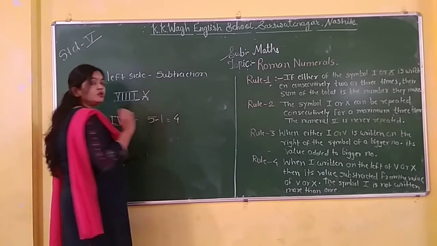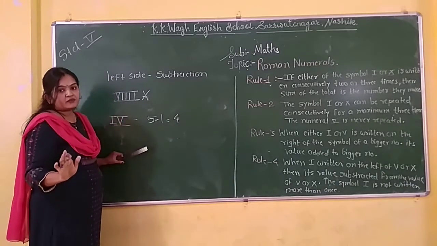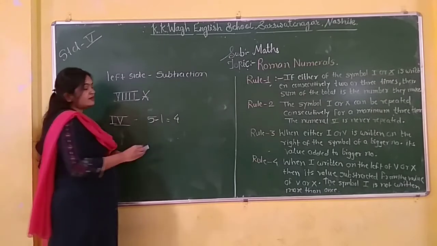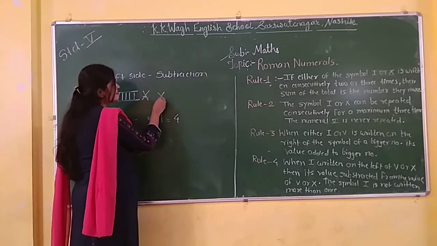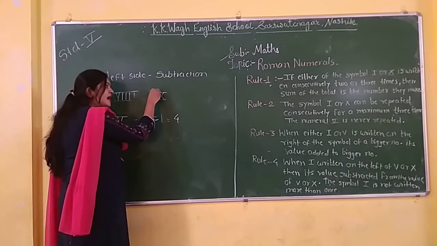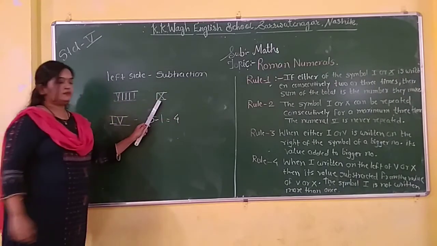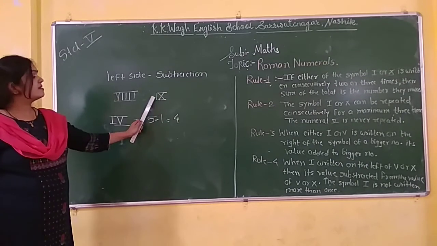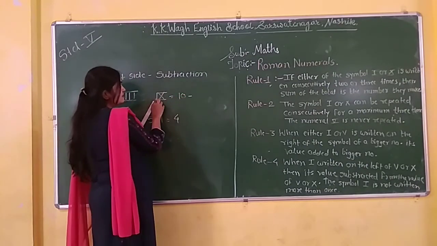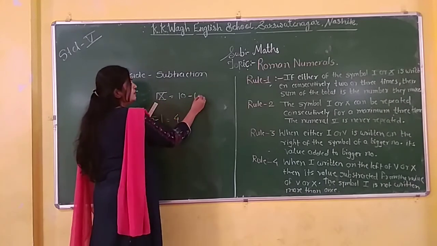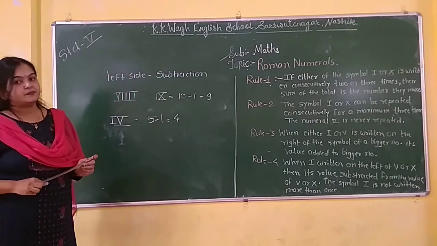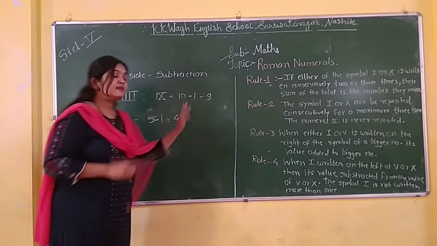You know X is the symbol of 10. If you write I on the left side of X, it makes the subtraction: 10 minus the value of I, which is 1, equals 9. Understand? So do you understand these 4 rules?